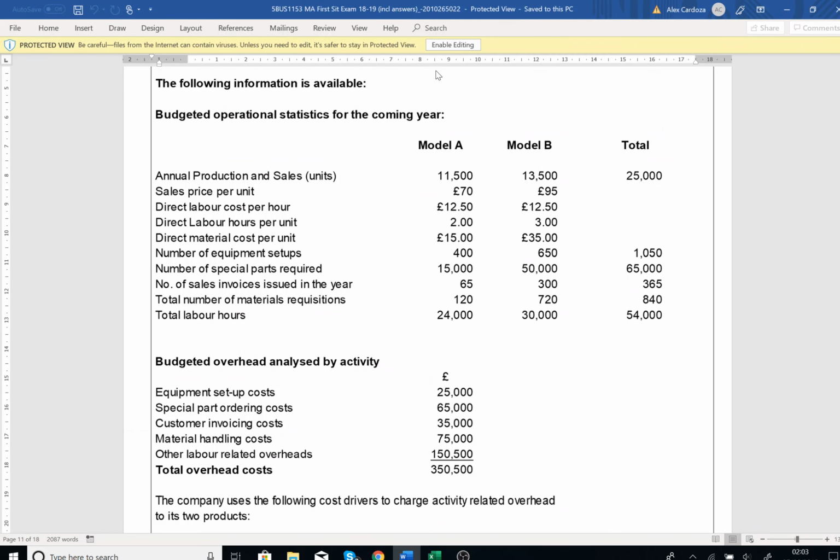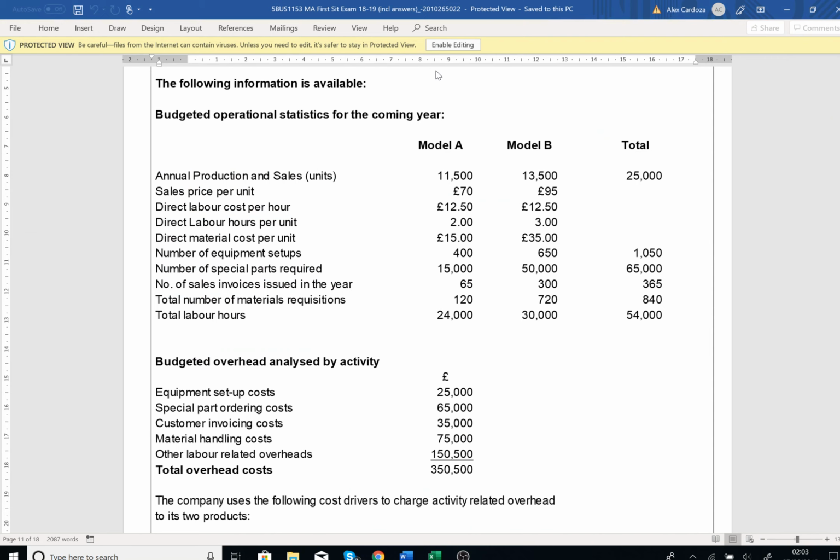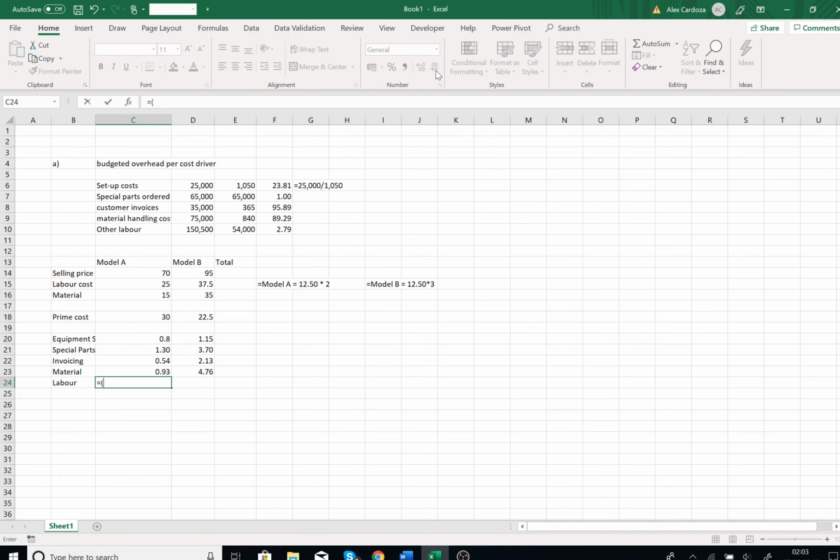And then we've got the total labour hours situation, and we're just going to go labour, and this is relatively straightforward, equals this. No, we don't do it like that. We do 24,000 times that. Remember, it's per unit, so we do 11,500 because that's what we want to see.